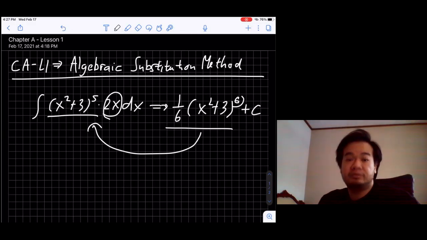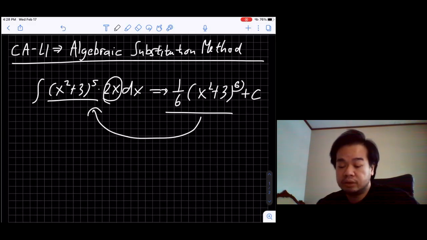Actually, there is a formal method called the algebraic substitution method to solve this kind of problem. So how does it work? When does it work? It works when the integrand follows the chain rule.